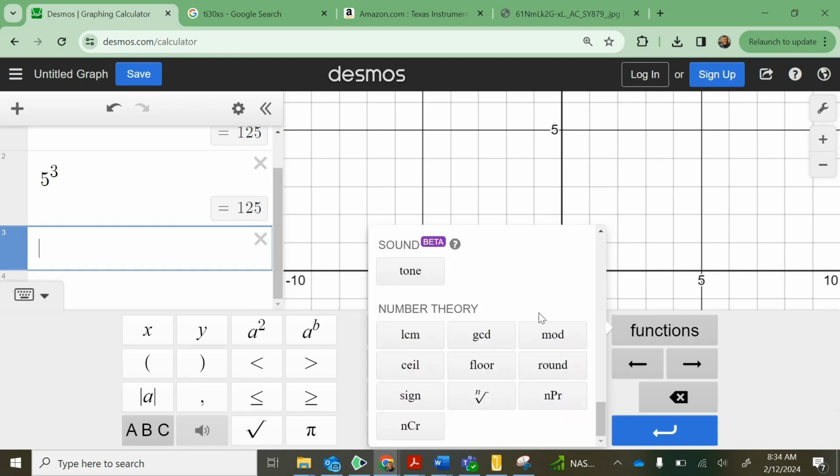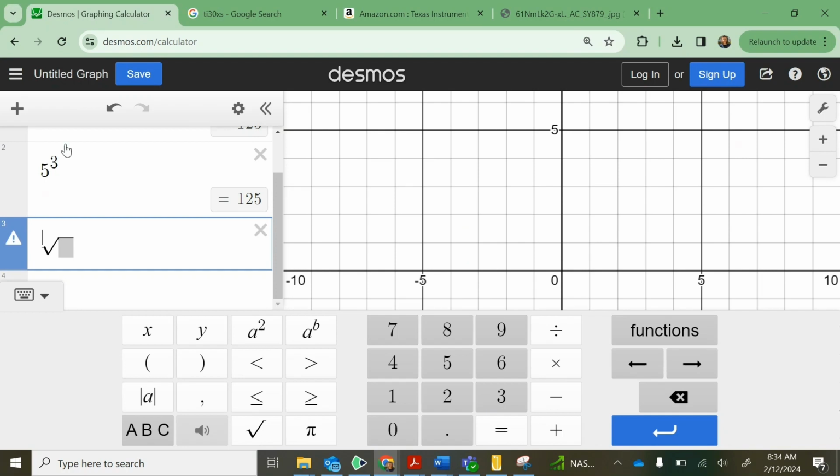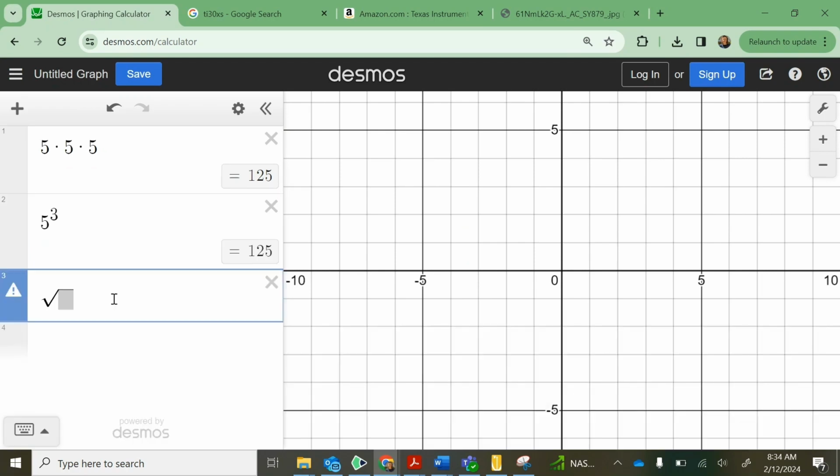And if you scroll all the way down to the bottom, this is the one we want. You see the radical symbol with the N? That's what we want. And then I come back over here and I can type in an index of 3 for the root, 125 on the inside, and take a look. It gives me an answer of 5. So that's how we can do it.